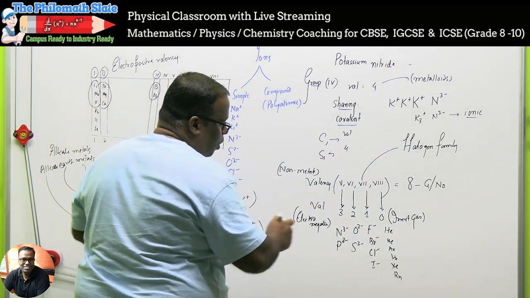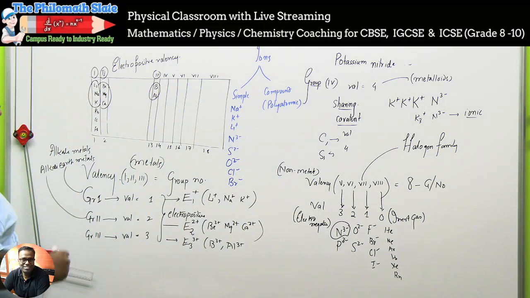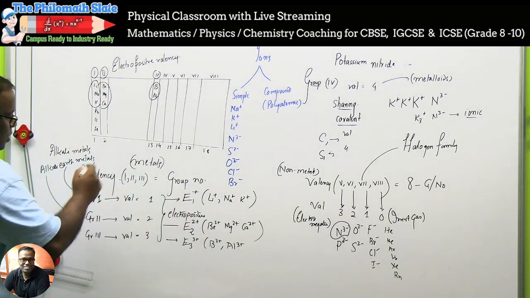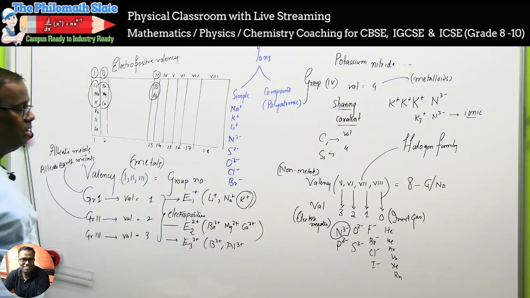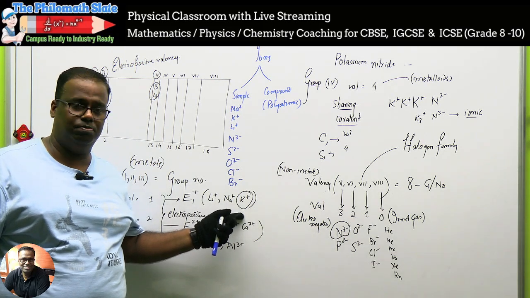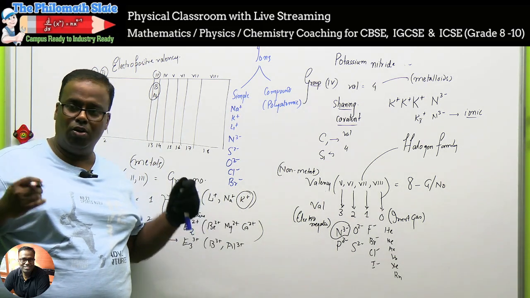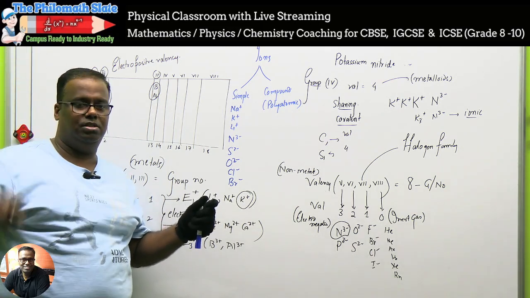So if you spot this ion, what do you call its name as? Somebody shows you this one. If they say, write the name of this ion, what will we write? Potassium. Positive ions are always the name of the parent.